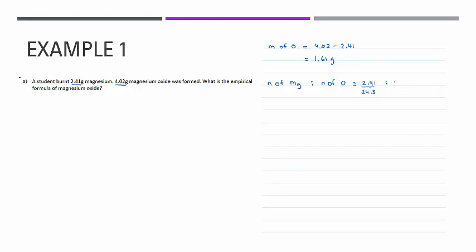And then on the other side, the mass of oxygen, which is 1.61, divided by the molar mass of oxygen, which I can work out from the periodic table to be 16. Now when I put this into a calculator, that works out to be 0.1 to 0.1, which is the same as 1 to 1. So therefore, the empirical formula is MgO. The ratio of Mg to oxygen is 1 to 1.